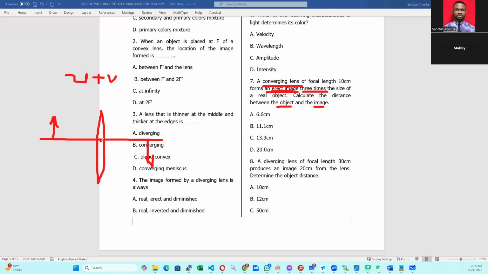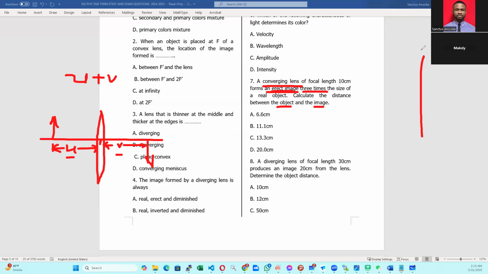So from here to here will give you the V, which is the image distance, while from here to here will give you the U, which is the object distance. So the distance between the object and the image is V plus U.